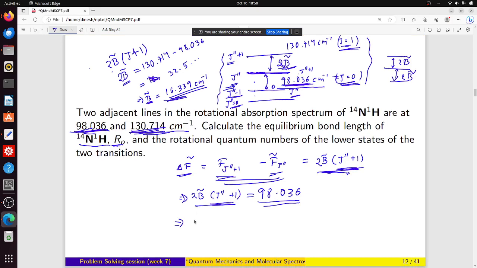B tilde we got already, so 2 times 16.339 times J double prime plus 1 will give us 98.036.